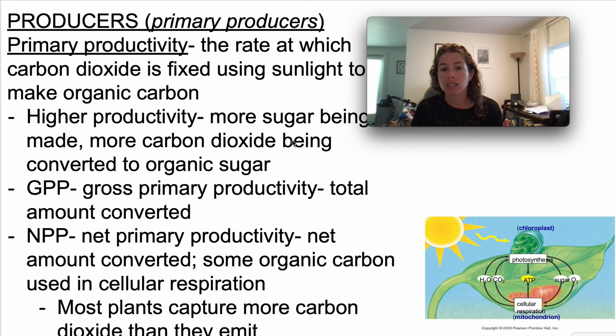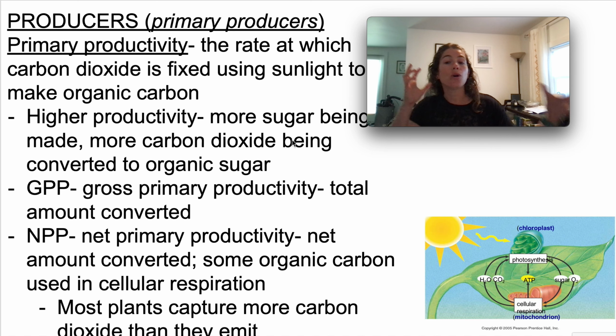The more photosynthesis, the more productivity, the more sugar that's being made, the more carbon dioxide that's being converted into sugar. GPP is our gross primary productivity. That's the total amount of photosynthesis that's occurring in your ecosystem, or by that one producer. In that ecosystem, your NPP is your net primary productivity.